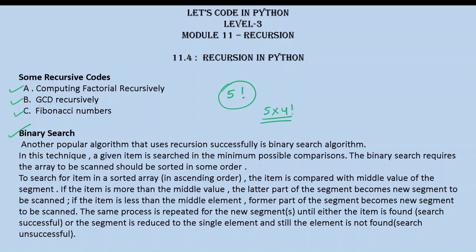This becomes a very straightforward thing: whatever value you're taking as the factorial, it is that value into the factorial of that value minus 1. This further simplifies to 5 into 4 into factorial of 3, and so on till you get the final result. Got it?